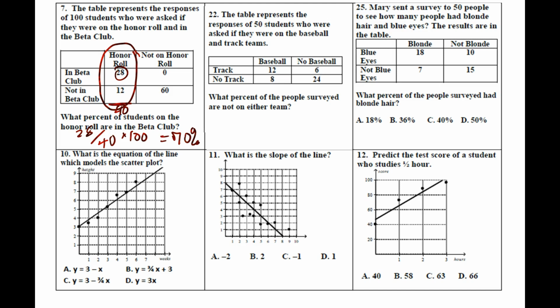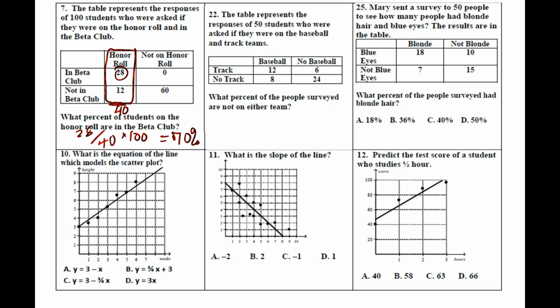The table below, I guess I should do this a little bit better so people who are looking at it can see. All right, the table represents the responses of 50 students who were asked if they were on the baseball and track teams. What percent of people surveyed are not on either?